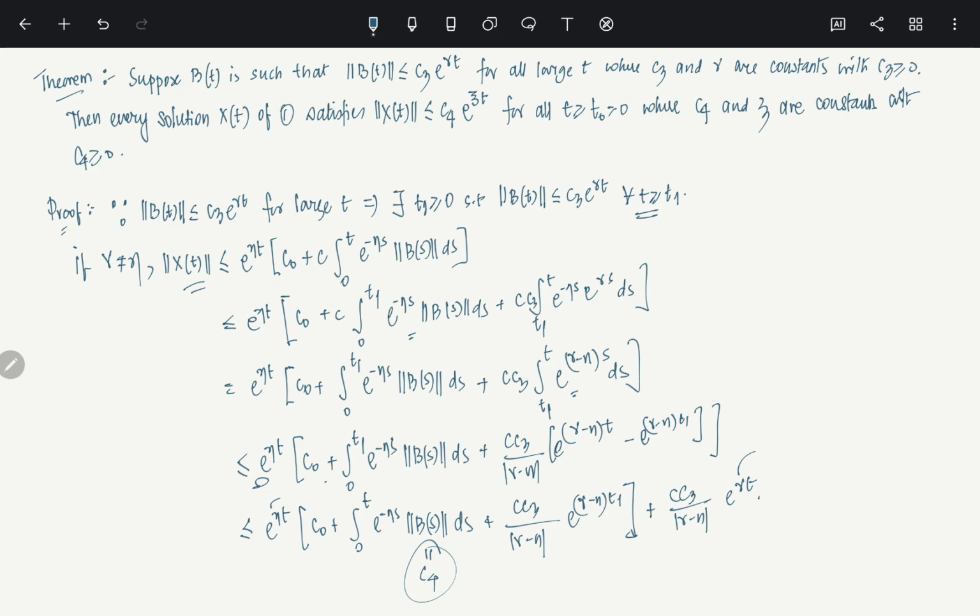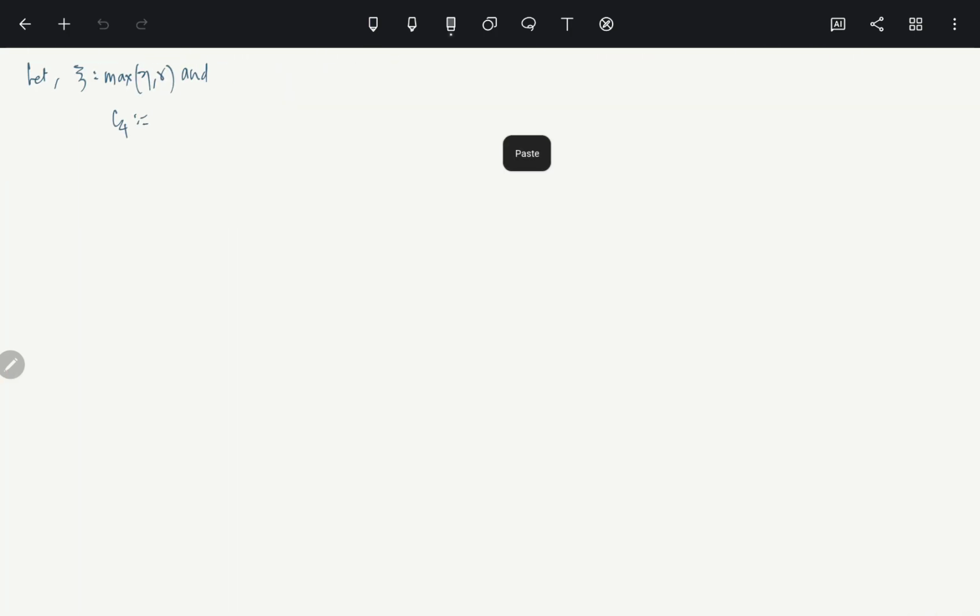I'm not writing it anymore. So if we do that, then we have the norm of xt dominated by C4 times e to the power xi t. This holds for all t greater than or equal to 0, and hence it is proved.